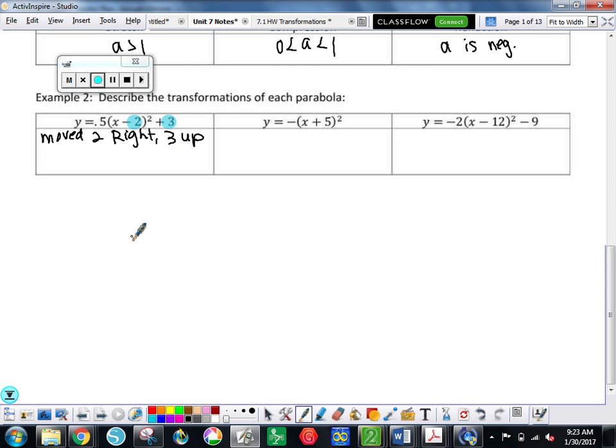And then what does the point 5 do? It's going to compress. Good. What about the next one? The plus 5 means it's been moved 5 left. Good. And what about the negative? Reflecting. Good.